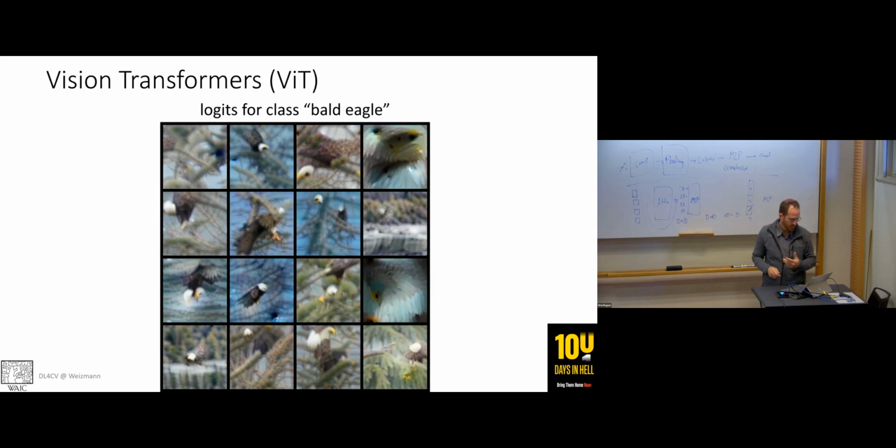And if you go for the bald eagle class, you can see the white head and the black feathers of the wings. You can see that it's sometimes in the sky, sometimes on a tree. And you see the textures of the feathers, which was very nice to see.